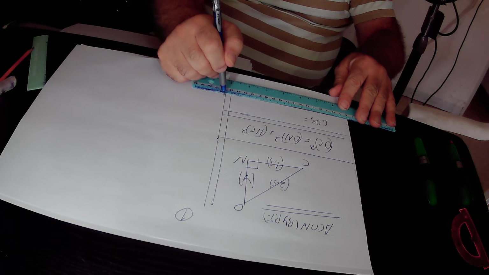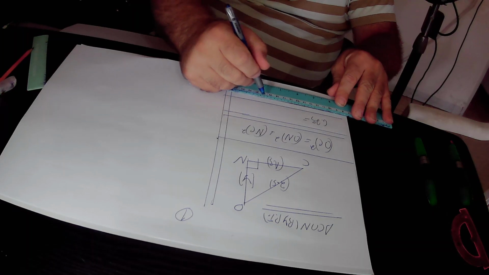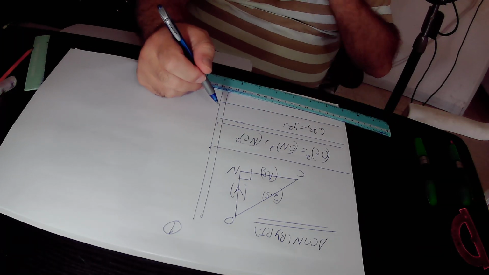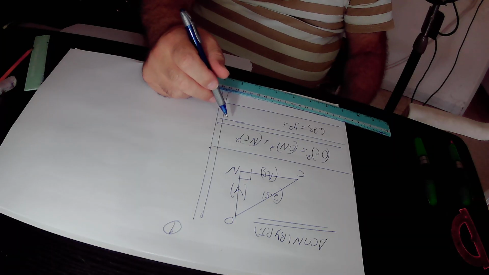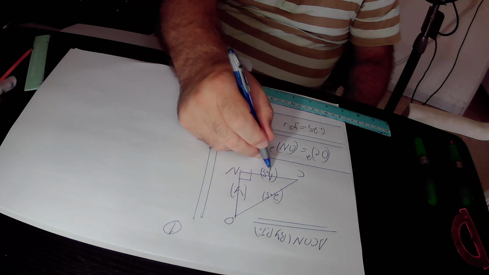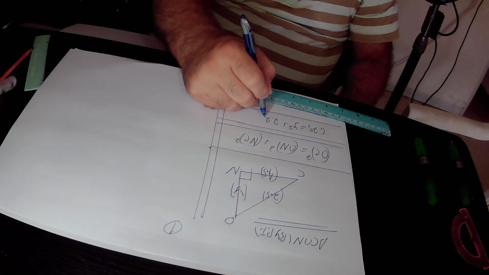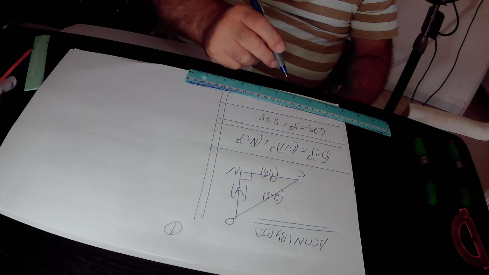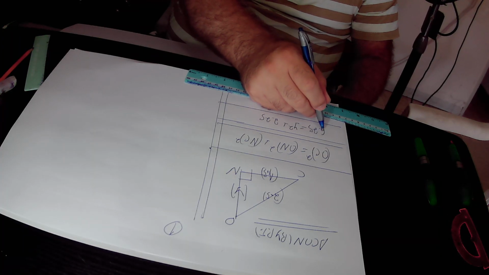ON is Y, therefore ON squared is Y squared, plus NC squared. NC is 1.5, therefore NC squared is 1.5 squared, that is 2.25. So in total we found that 6.25 equals Y squared plus 2.25.